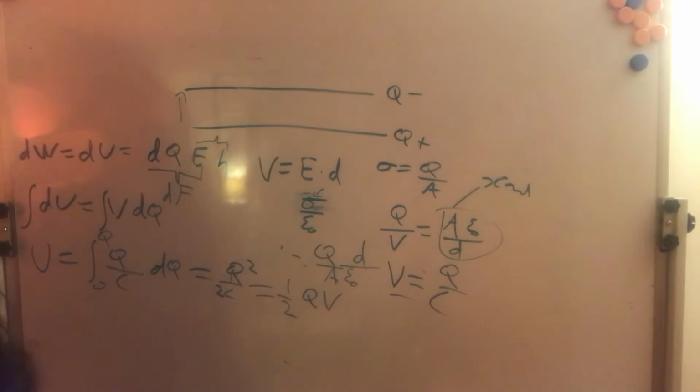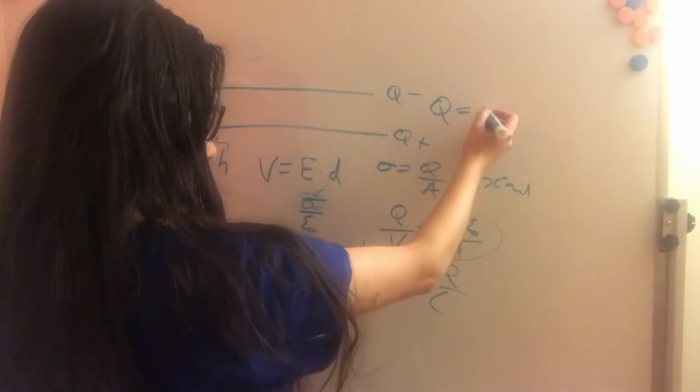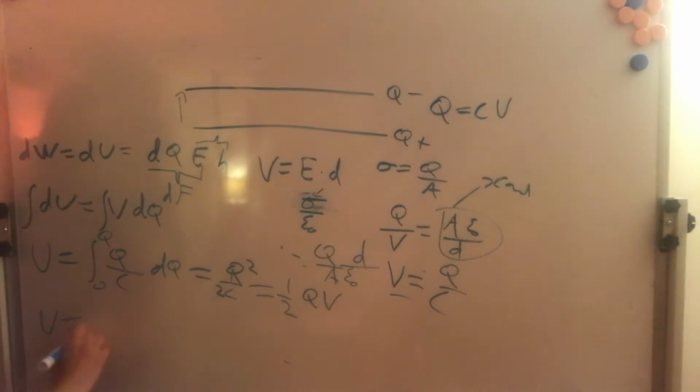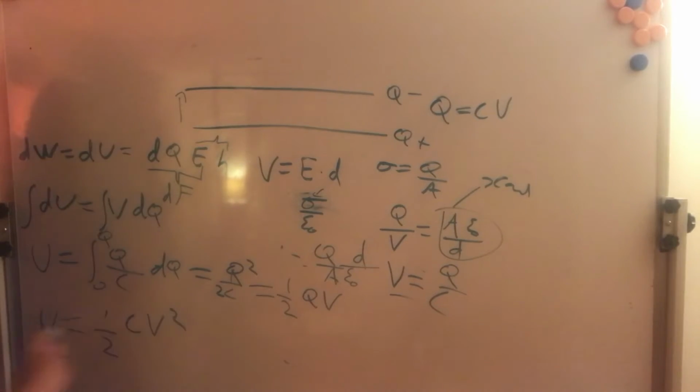Or we can put the charge as capacitance times voltage. So we can also say that the electrical potential energy would be 1/2 of the capacitance times the voltage squared.